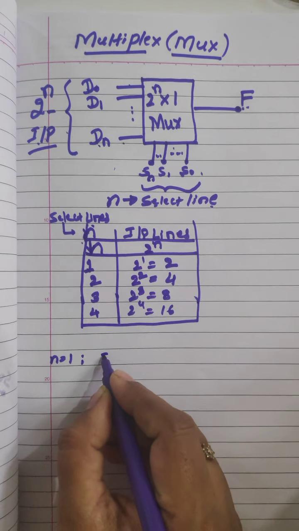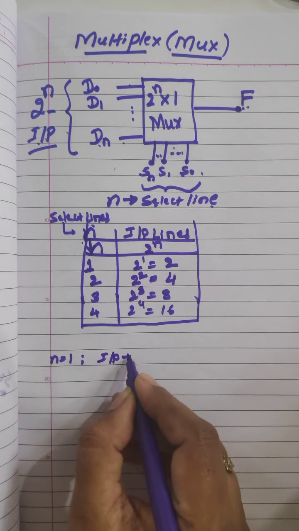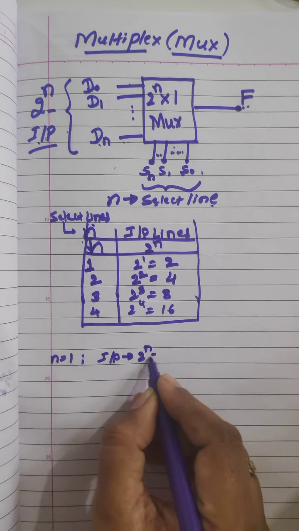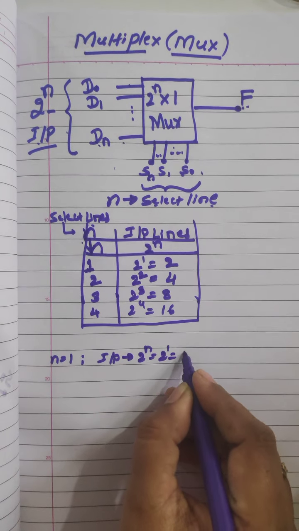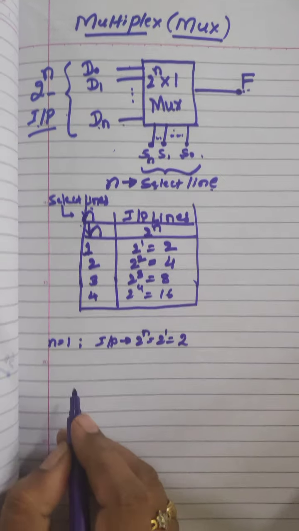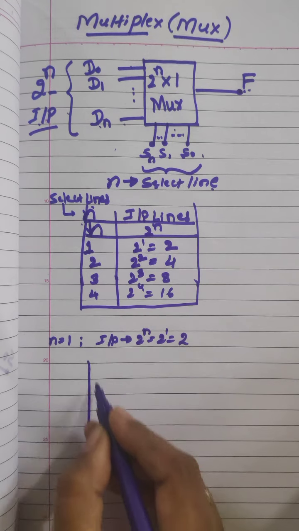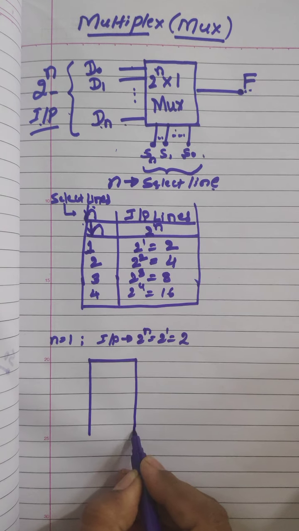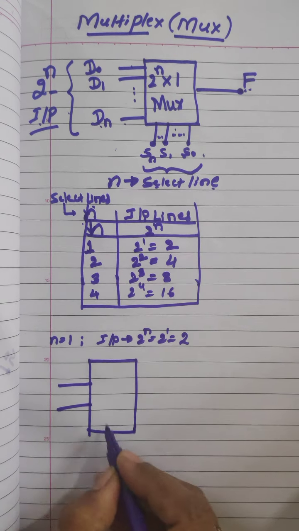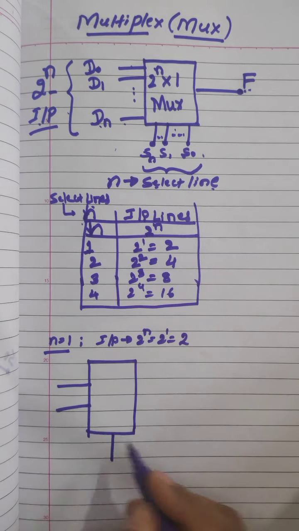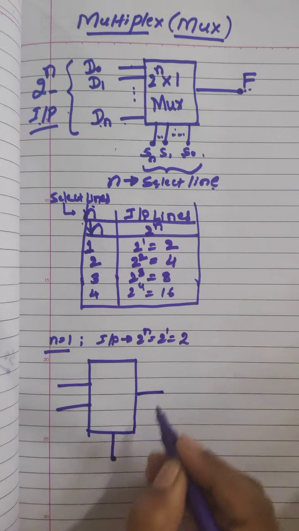First we shall see n is equal to 1. In that case, how many inputs will there be? Inputs will be 2 raised to n, that is 2 raised to 1, which is 2 inputs. So in this case we have 2 inputs, 1 select line because n is equal to 1, and 1 output.